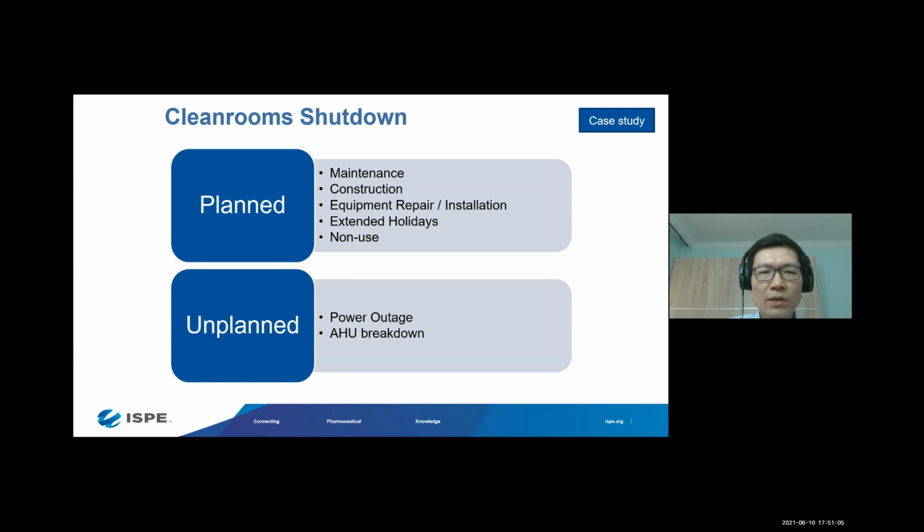These are all considered planned cleanroom shutdown. Of course, the unplanned shutdown can be due to a power outage or AHU breakdown. In this case, this kind of unplanned shutdown may affect the quality of your products if there are production activities going on. Next.